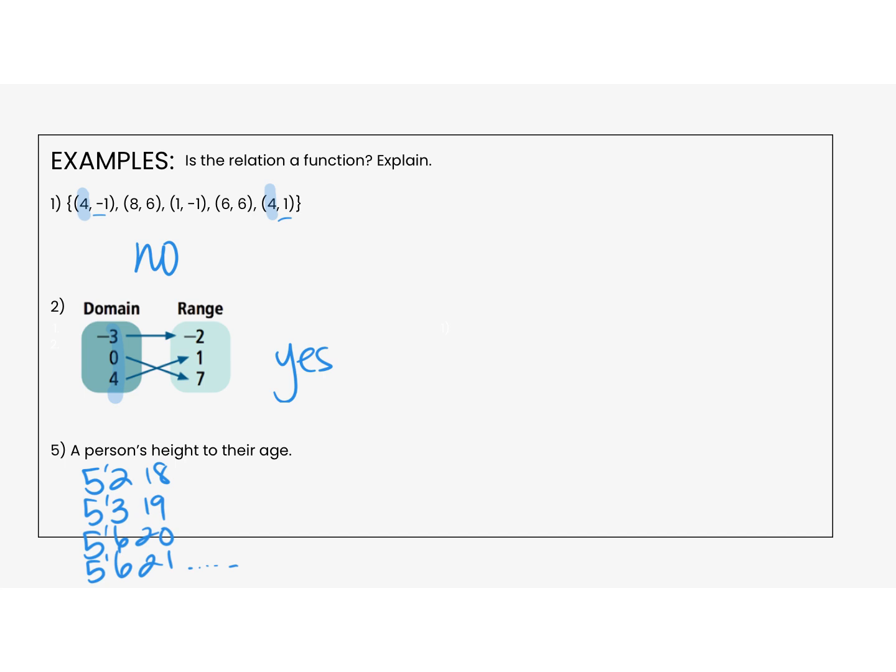So this would be a no because your height can stay the same even as your age increases, so that would be repeated. Okay, so again, the way that we determine whether the relation is a function is if those x values repeat.